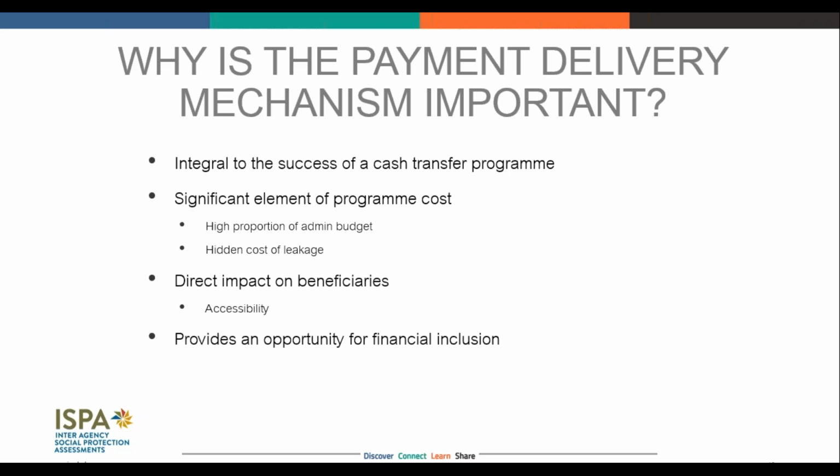For those programs that actually measure it, and it's not well measured by a number of programs, we have a range of figures from 4% of the value of transfers lost to leakage in South Africa, rising up to 15% of the value of transfers lost in India.